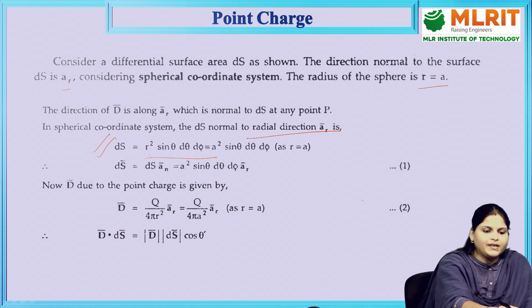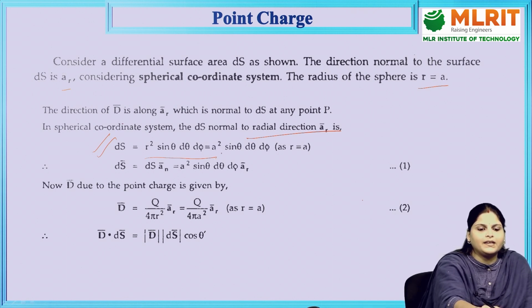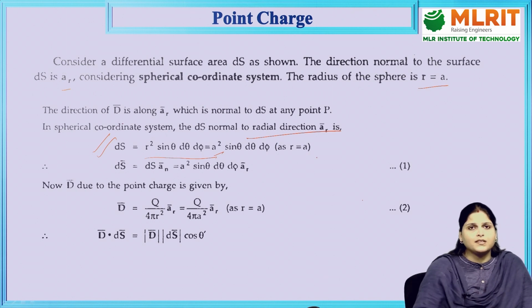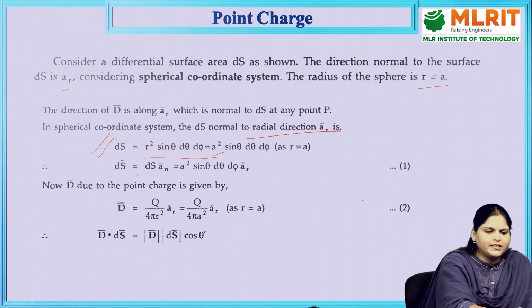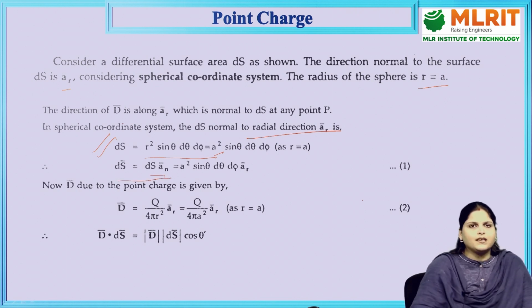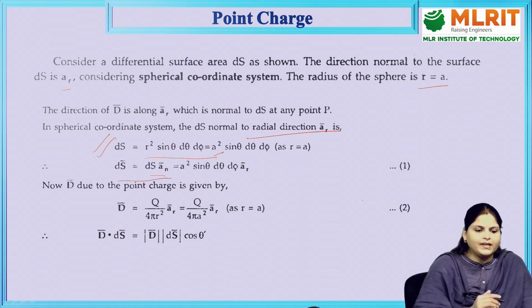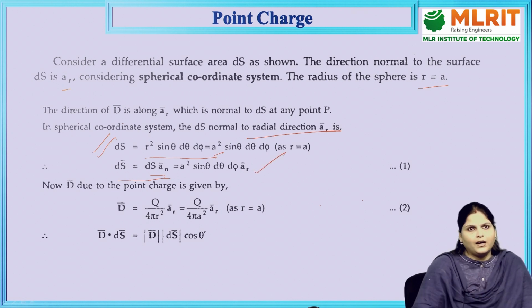When we simplify, in place of r squared we can write a squared, with the remaining terms the same: a squared sine theta d theta d phi. Again, dS can be written as dS an, where an is the unit vector. So dS is a squared sine theta d theta d phi and an is nothing but aR.